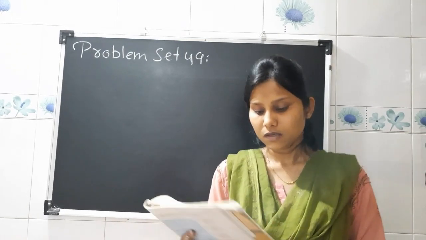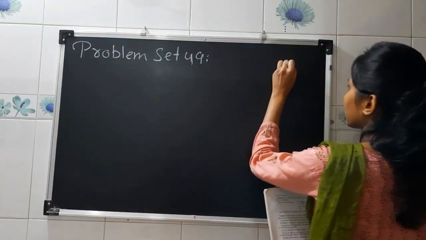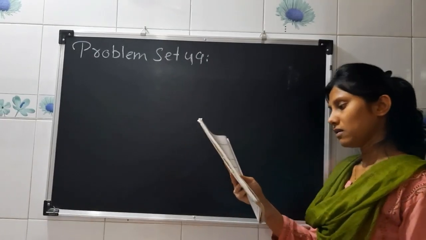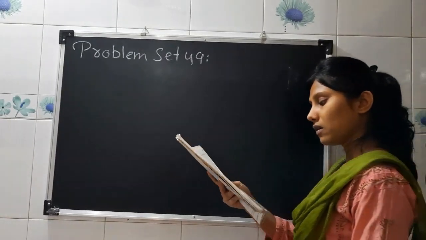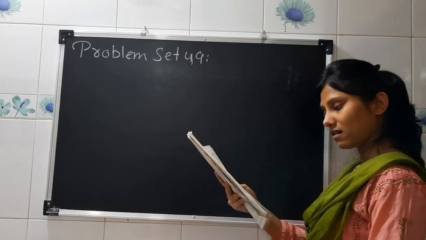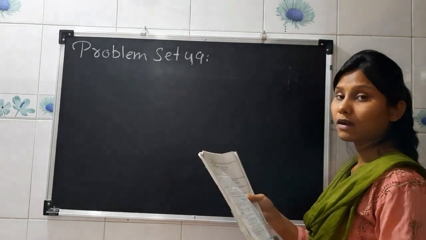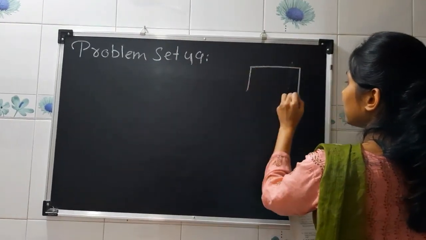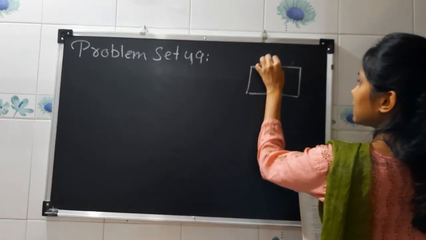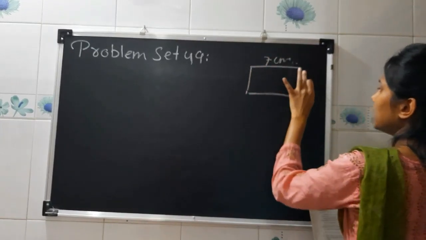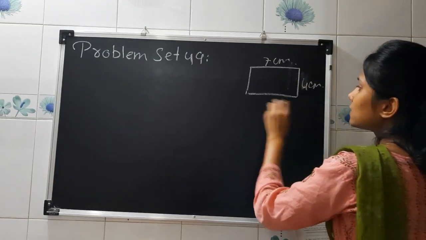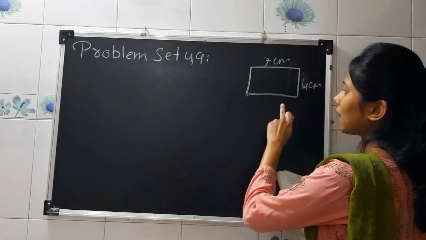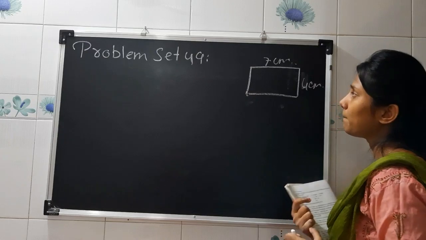Okay, so see what they have given in the question, that if we have to make the rectangle of a wire, of length, the length of rectangle should be 7 centimeter and breadth should be 4 centimeter. Okay, so we have to find out the length of the wire. Okay, so for that we have to find the perimeter.